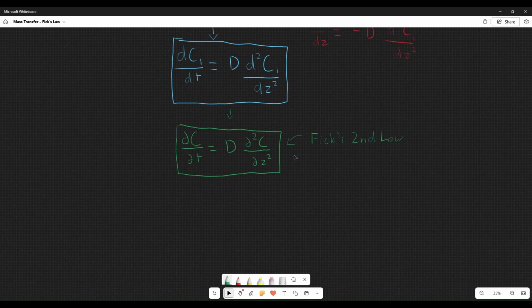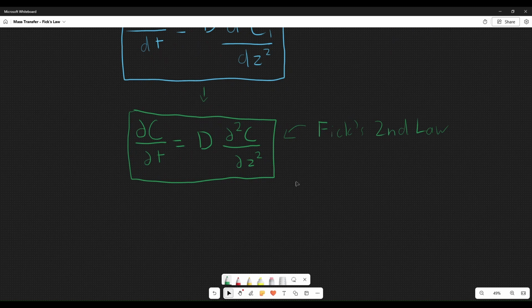In the next video, we're going to see how we apply this combination of Fick's first law and second law to actually solve problems. Then we're going to understand the concentration gradient, which we always say drives diffusion, but is that actually true? We'll talk about that in the next video.